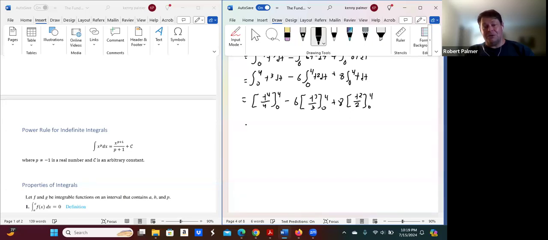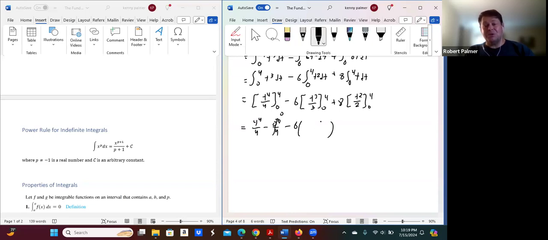Okay, and now just use the fundamental theorem of calculus, plug in our bounds. So the first one is going to be 4 to the 4th divided by 4 minus 0 to the 4th divided by 4. Of course, that part's going to be 0. Minus 6. The only thing you want to be careful about here is subtracting this whole thing.